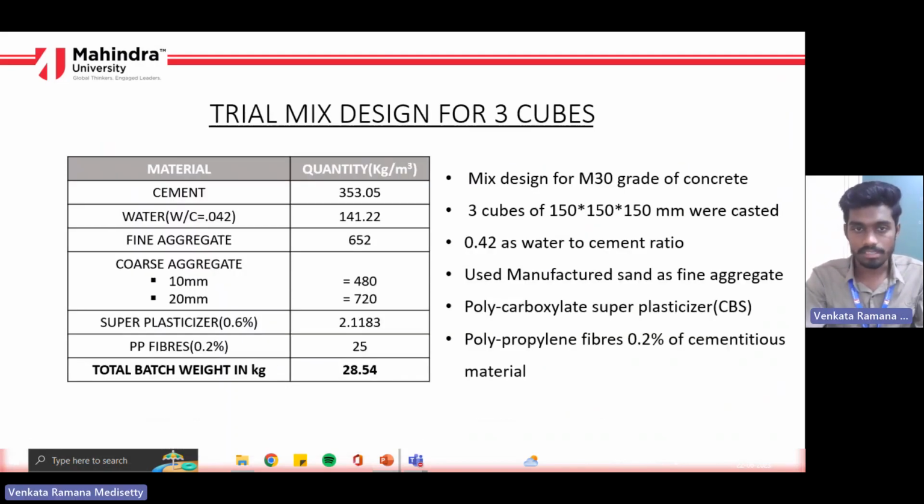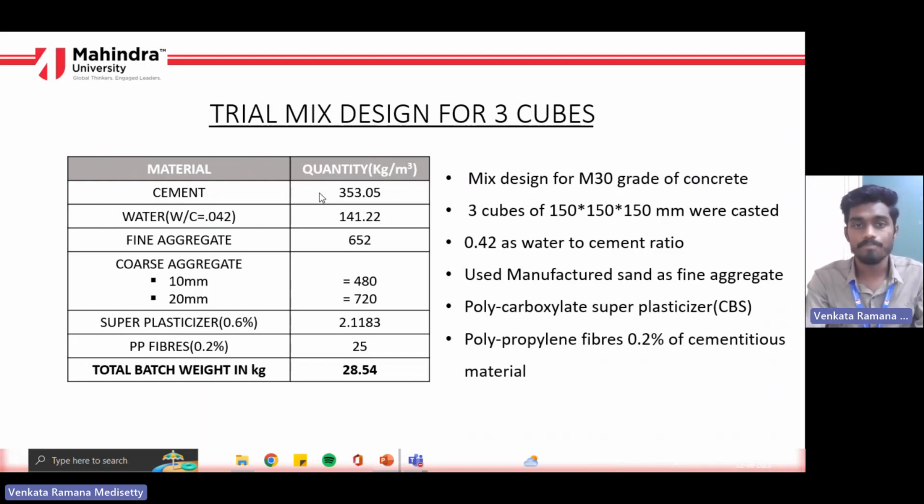So next slide. And before going to the original mix, I went for a trial mix of M30 grade, and I cast three cubes of 150 by 150 by 150 with a 0.42 water to cement ratio, M sand as fine aggregate and CBS based polycarboxylate superplasticizer, and as we know 0.2% maximum polypropylene fibers of total cementitious material used.